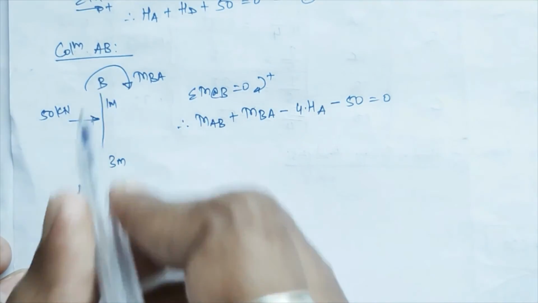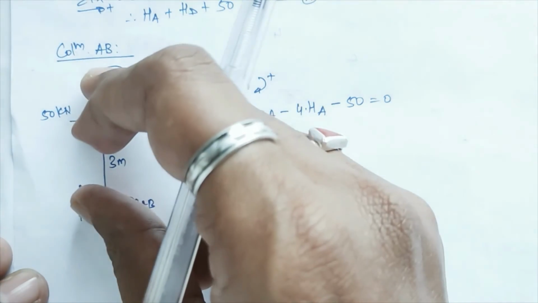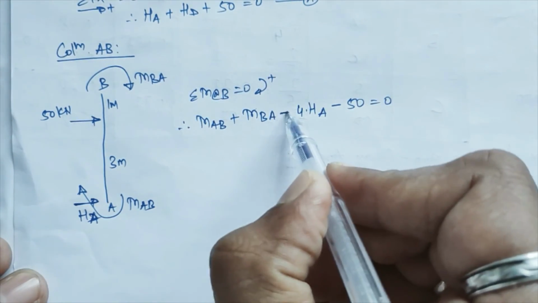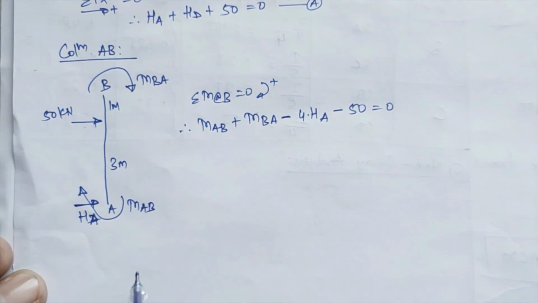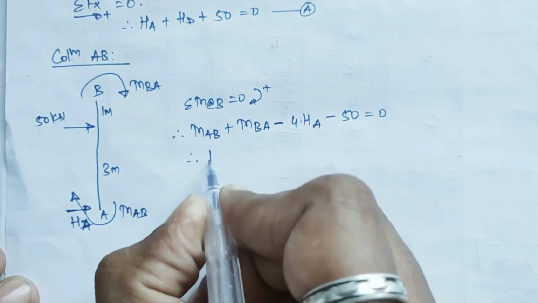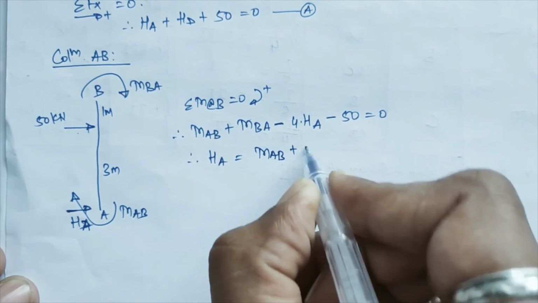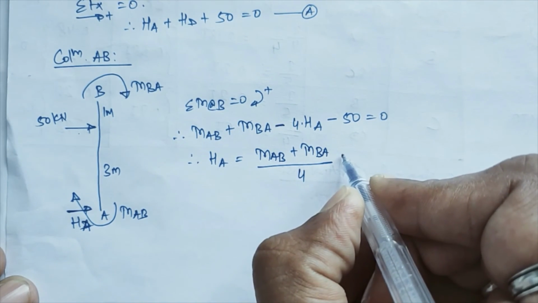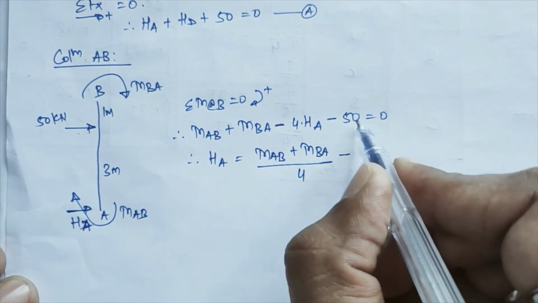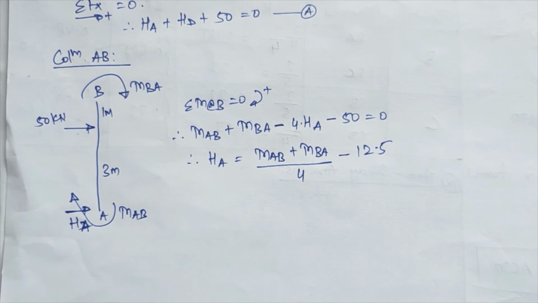You have to take moment of all the forces. So MAB plus MBA minus the moment of HA into distance 4, since that moment will be anticlockwise, and 50 into 1, that is 50. If I simplify this for HA, I get MAB plus MBA divided by 4 minus 50 divided by 4, that is 12.5.